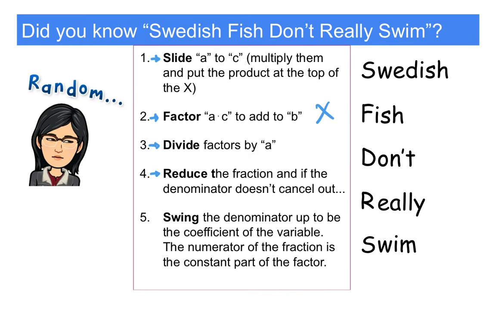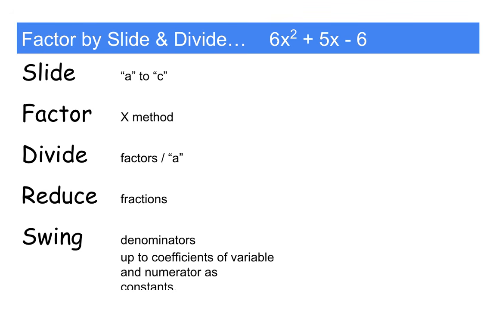And then we're going to swing the denominator up to the coefficient of the variable, and the numerator of the fraction will become the constant part of the factor. So I know it sounds really confusing and like lots of crazy steps, but in a second when I show you an example, it will make things a lot simpler.